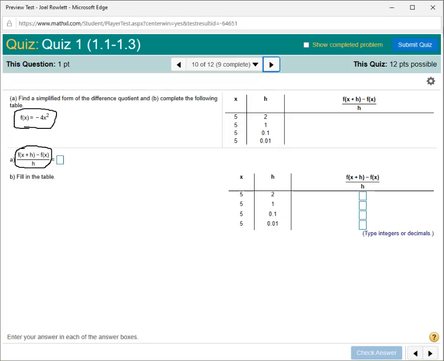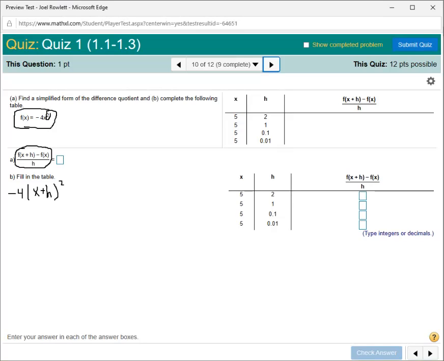F of x plus h is going to be negative 4, and where I see x, the variable, I have to plug in my new domain value, which is x plus h. And it's raised to the power of 2 because that's what they give us in the problem, right?